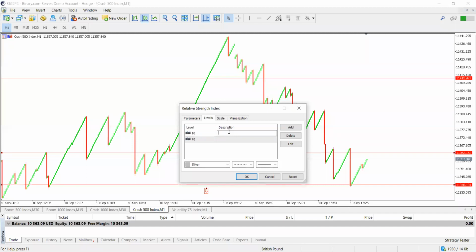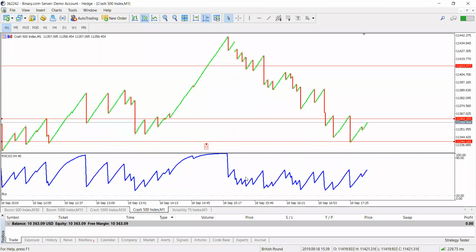Description yellow is buy. And then levels 90. Description here is sell. And then you can add other levels. I'll show you how you do that. And then let's just say, okay.